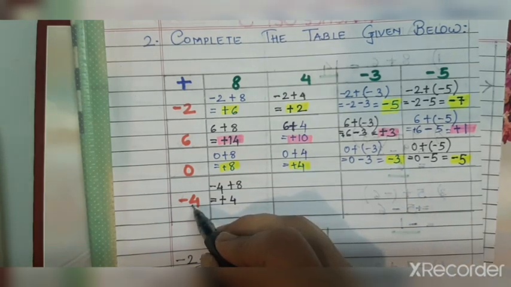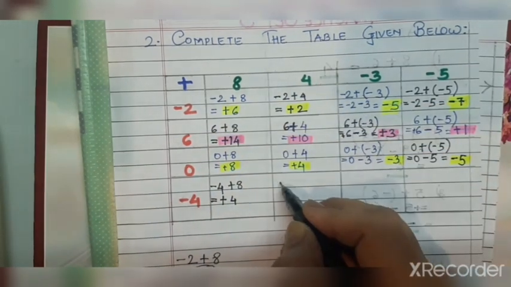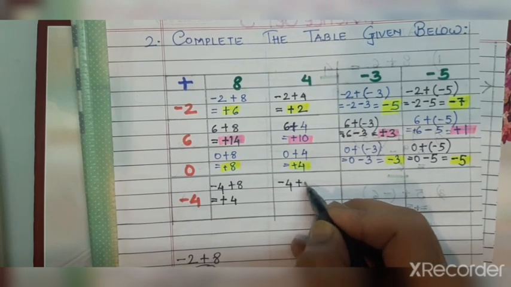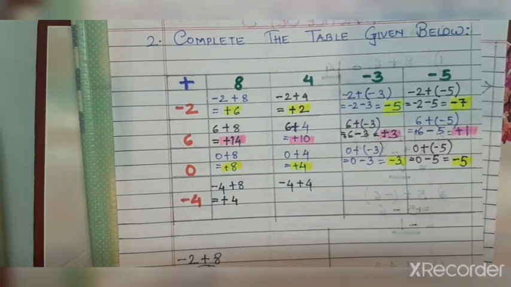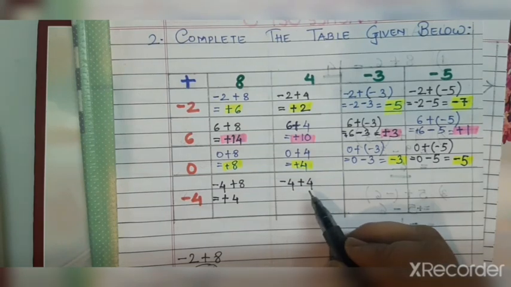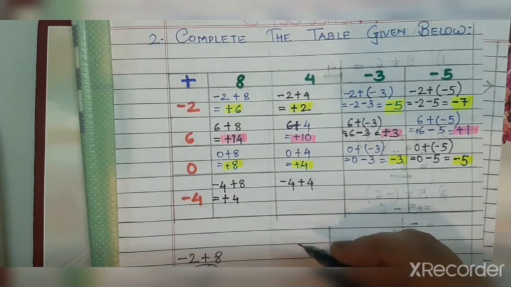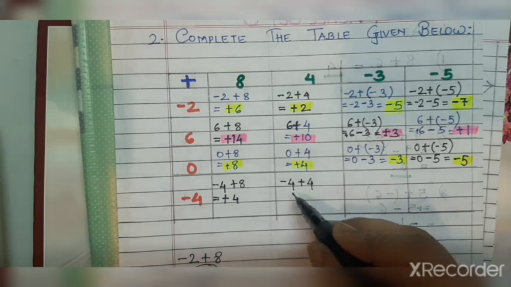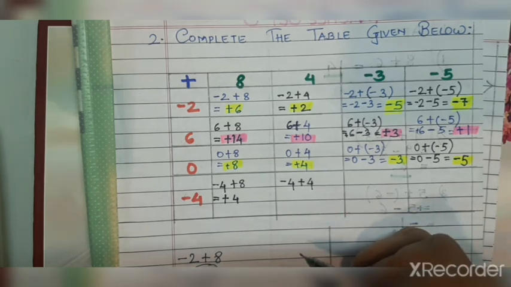Now again, -4 plus 4. Now, signs are different. So write the sign of greater number. Now what is the greater number? There is no greater number. Both the numbers are same.